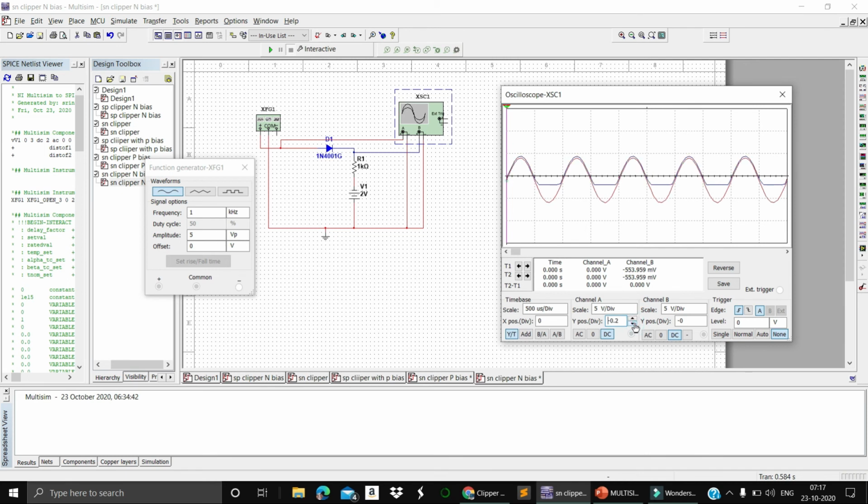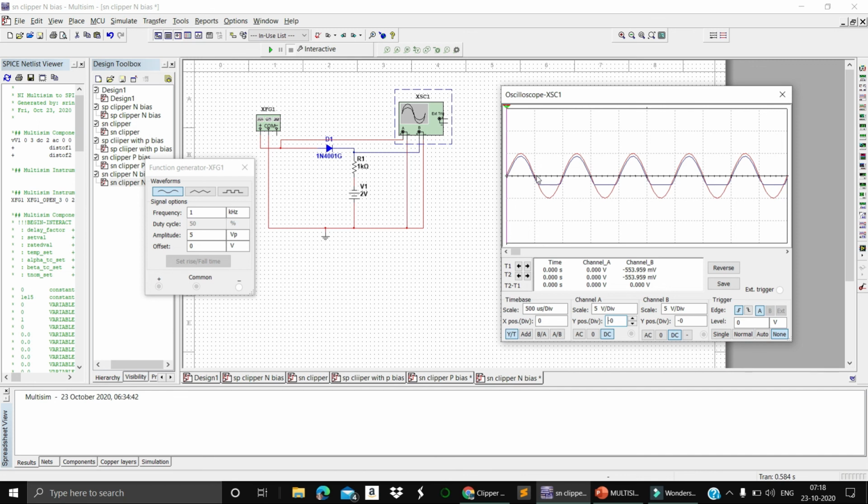Okay, my output is negative. You can clearly notice that during the positive half cycle you get all the signal. In the negative half cycle it will not allow it, because it is in reverse bias mode and does not allow the signal to pass through.